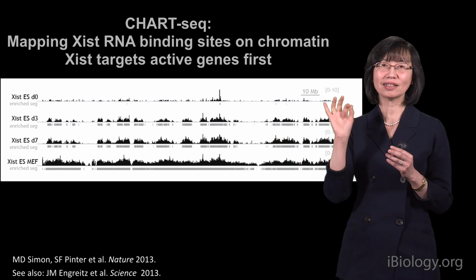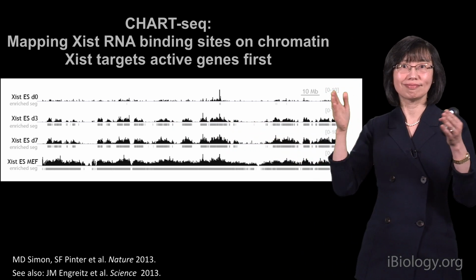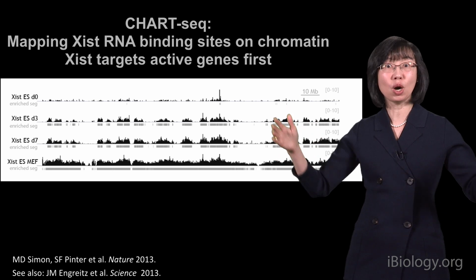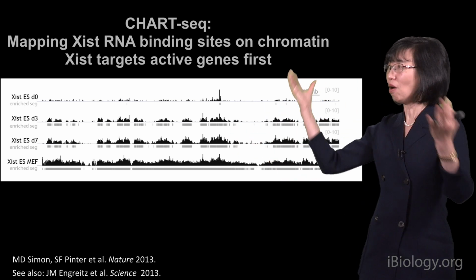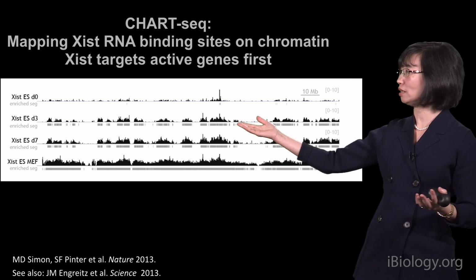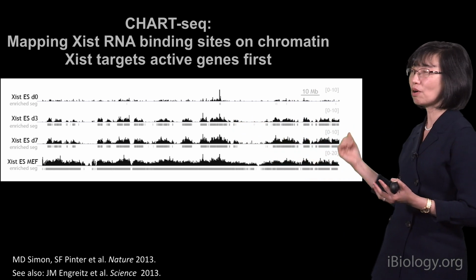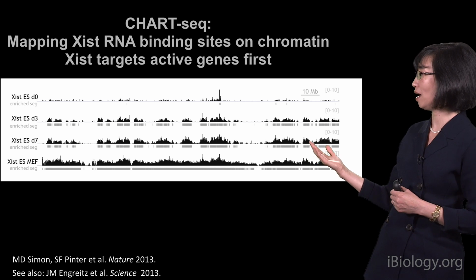In other words, it's not spreading sort of locus by locus in 2 dimensions down the chromosome, but instead it's spreading all at once in 3 dimensions, because you're seeing that the RNA is piling up across the X chromosome more or less at the same time.